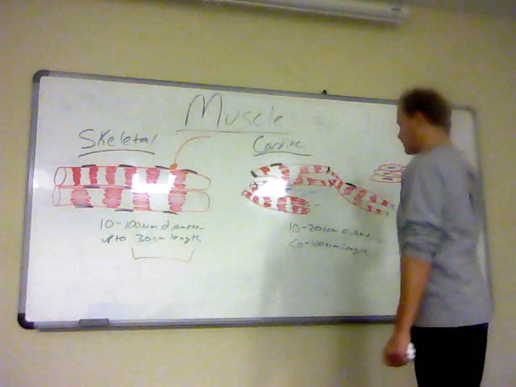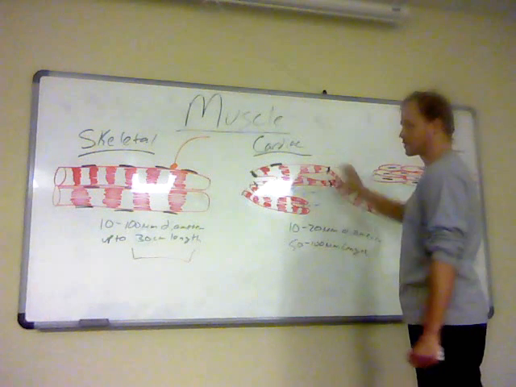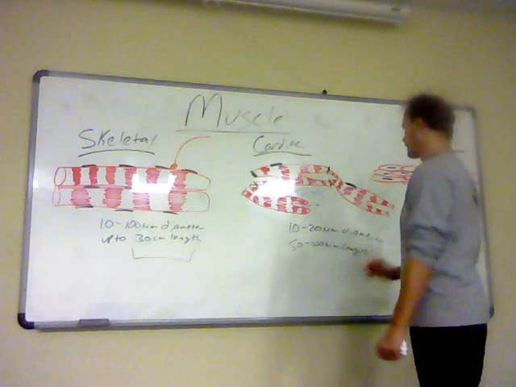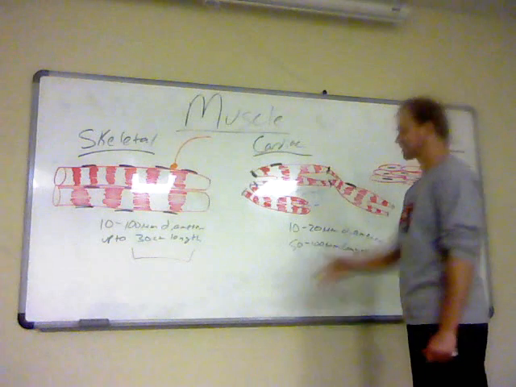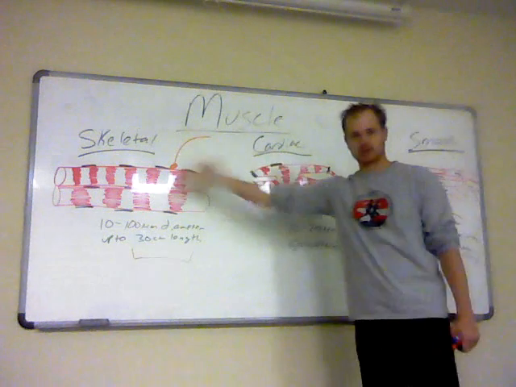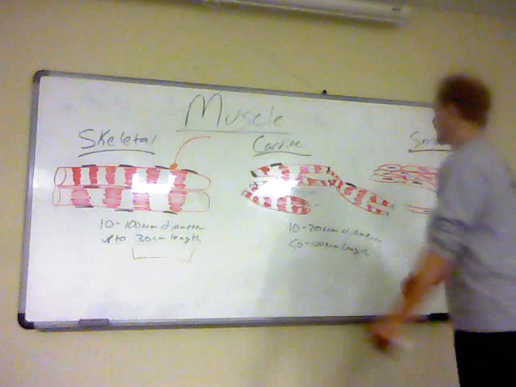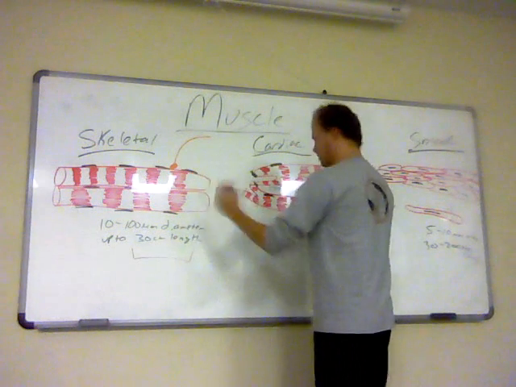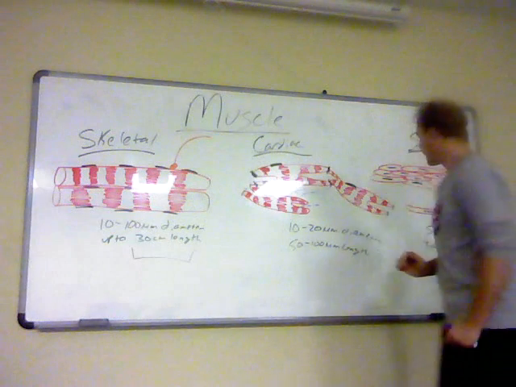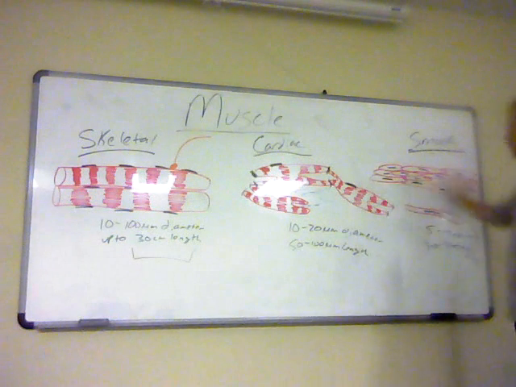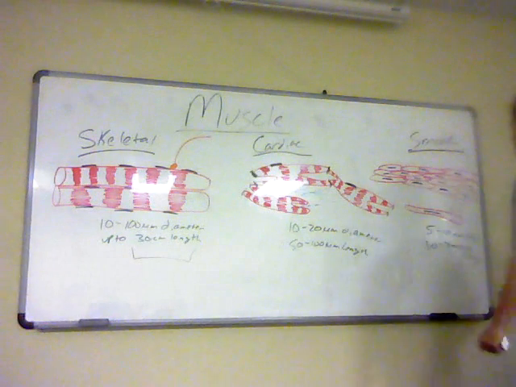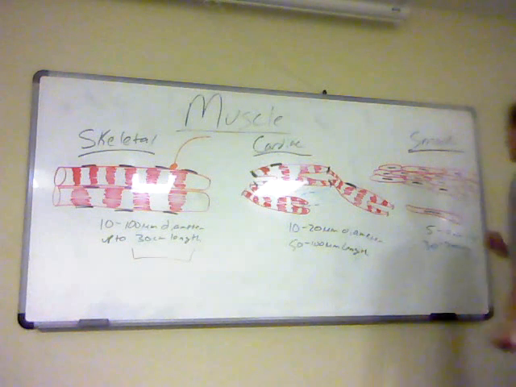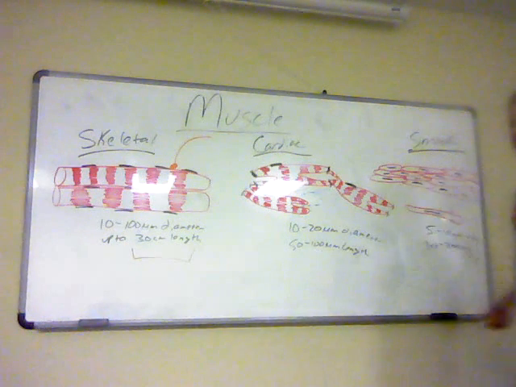Cardiac muscle cells are short and branched, connected and bordered by intercalated discs, with a single nucleus versus skeletal muscle that's multinucleated. And remember, both of these are striated. They're both made of the exact same contractile sarcomeres. And smooth muscle is smooth. You don't see the sarcomeres within smooth muscle, hence the smooth appearance.